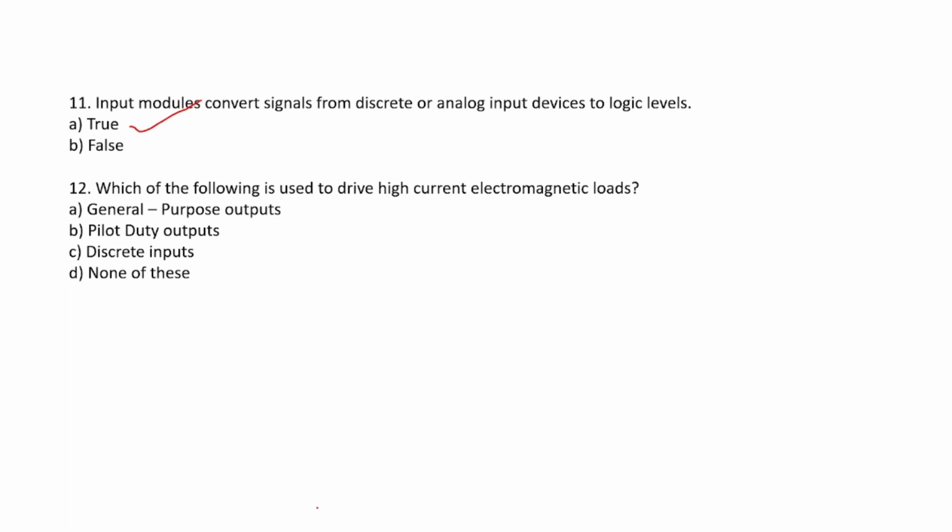Then the next part: if we talk about the different types of input output circuits which are used, one is pilot duty outputs, then general purpose outputs, discrete inputs, and analog input output.